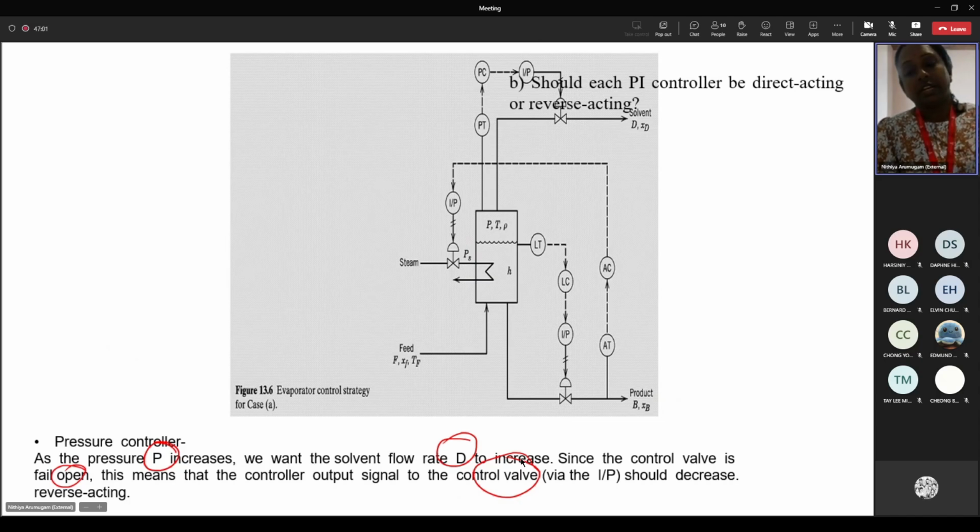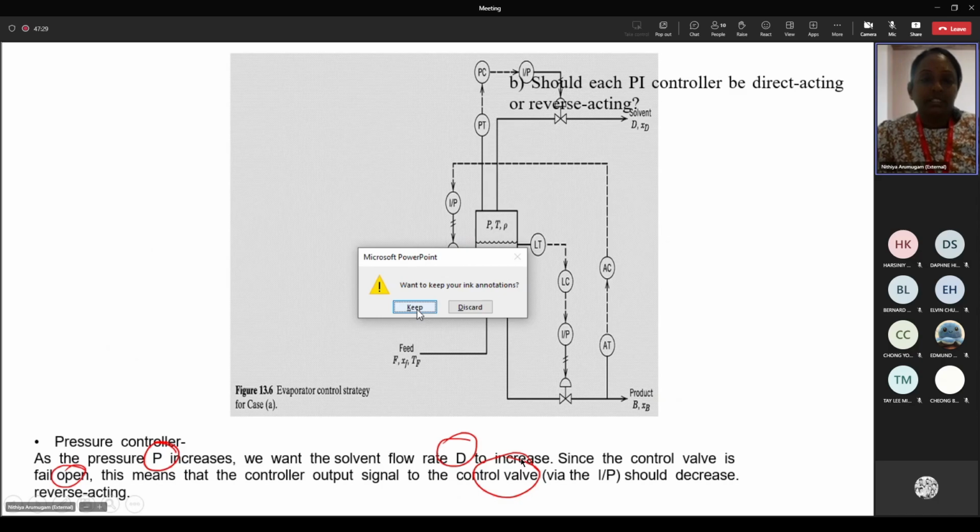It must work both ways so that it can adjust accordingly, whether it is a pressure controller or a level controller. So you can have a look at all the examples provided.